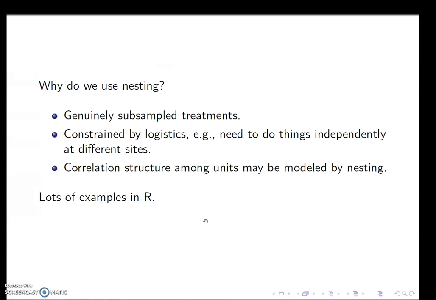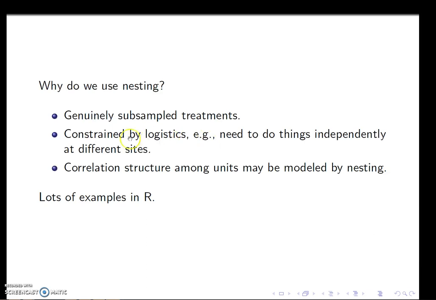All right, so make sure you understand that. There's a little bit more discussion about this in the book, but we will also talk about this a lot in class, making sure we've got all these nuanced ideas here. Just as a recap, why do we use nesting? Well, we have subsample treatments. It's often constrained by necessity, like in the apple example, we just have to do it that way.